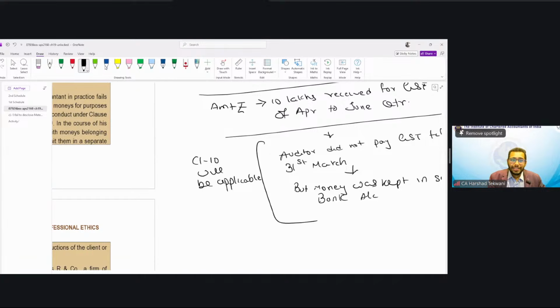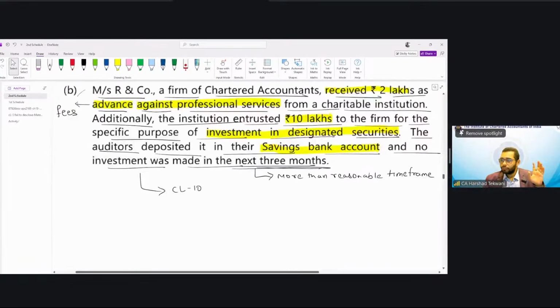And for the given scenario, the due date of this quarter will be the reasonable time frame. So that is how you need to apply the concept of reasonable time and clause 10. Any doubt? Any doubt till now?